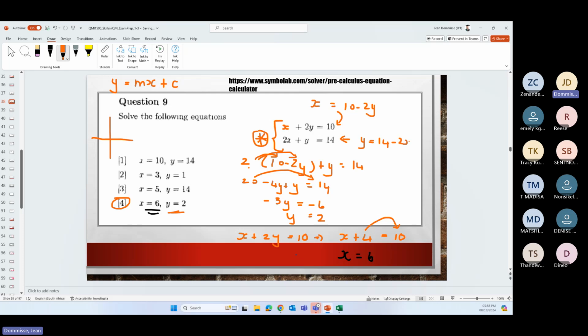So what you also can do, and that's maybe another point, is if the second one was something like y is equal to, now let's just, I'm going to divide everything by 2, because then we can get the y is equal to.